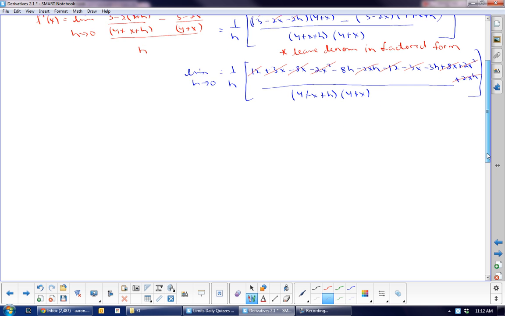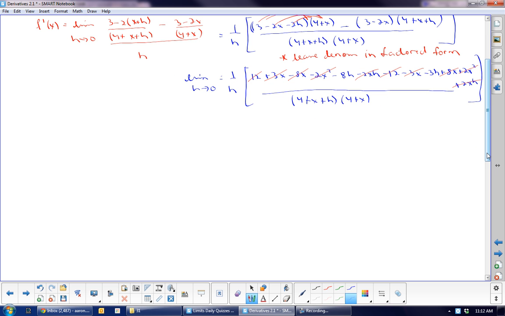Because that's going to give us, oh no, that's good. Okay, so limit as h goes to 0 equals 1 over h times negative 11h over 4 plus x plus h times 4 plus x. Okay, now you can see these h's cancel here.